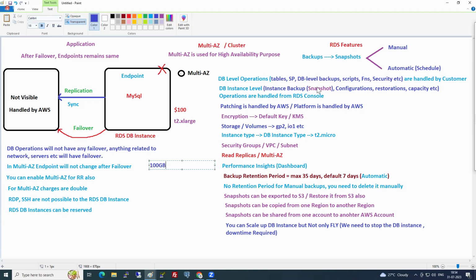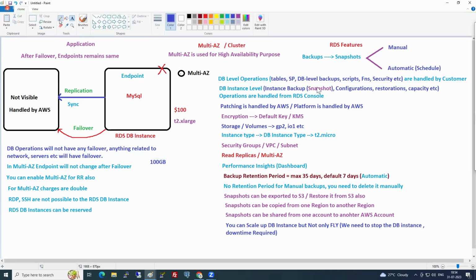Is it good that the database should stop working automatically? No. So guys, here funnily, you have auto scaling on the storage level. While launching the DB instance, you can give your initial size as 100 GB and a maximum size also. Let's say maximum size you give is 1000 GB.